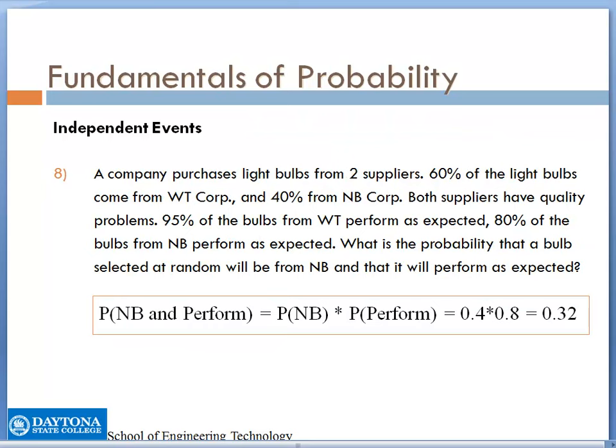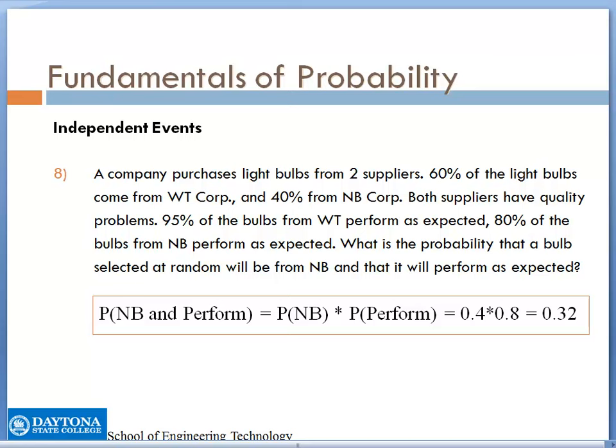Independent events, and this is part of theorem number 6. A company purchases light bulbs from 2 suppliers. 60% of the light bulbs come from WT Corp and 40% from the NB Corp. Both suppliers have quality problems. 95% of the bulbs from WT perform as expected. 80% of the bulbs from NB perform as expected.